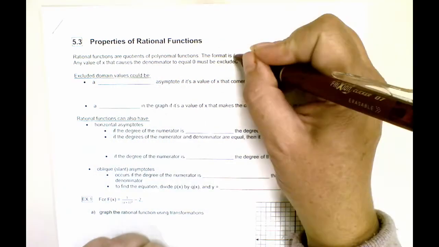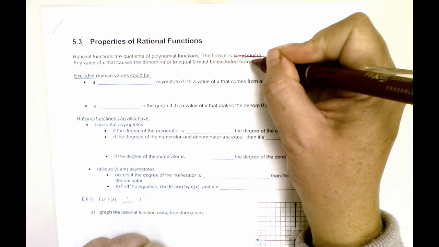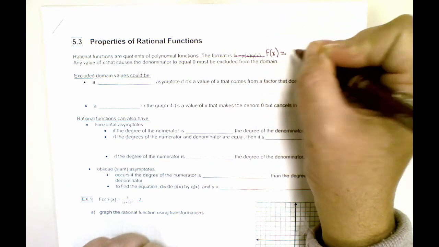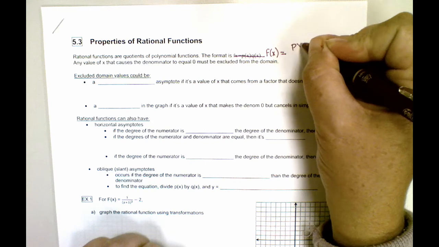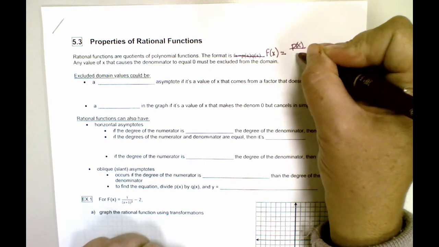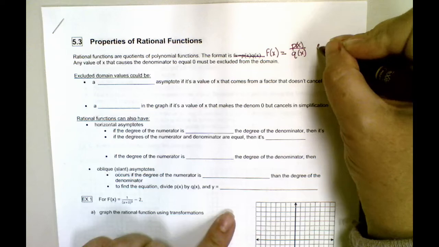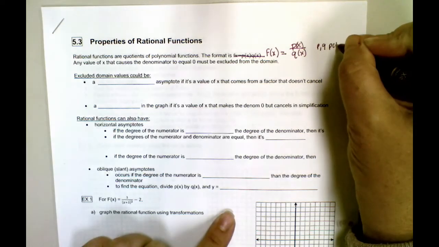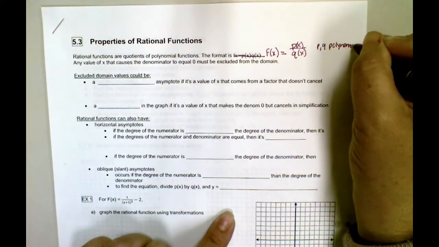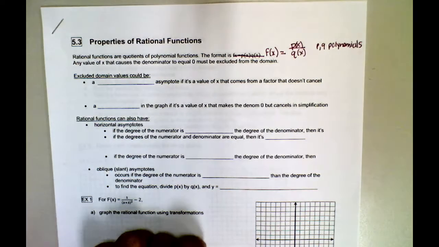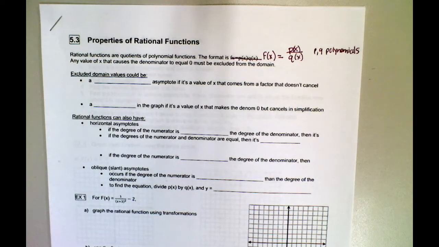So what this is supposed to say, there's supposed to be a division symbol there, is that the format is f of x equals p of x divided by q of x, where p and q are polynomials. So when I have one polynomial divided by another, that creates a rational function.